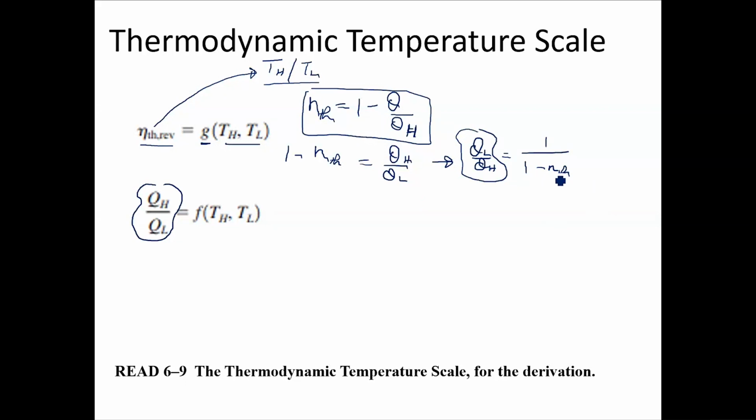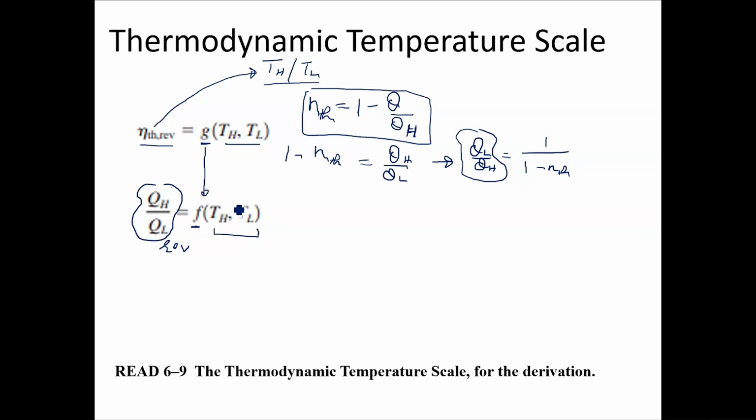If the efficiency of a reversible engine is a function of TH and TL, that means QH over QL for a reversible engine is also a function of TH and TL. Although not the same function, some other function f, but QH over QL is also a function of TH and TL, whatever the function.